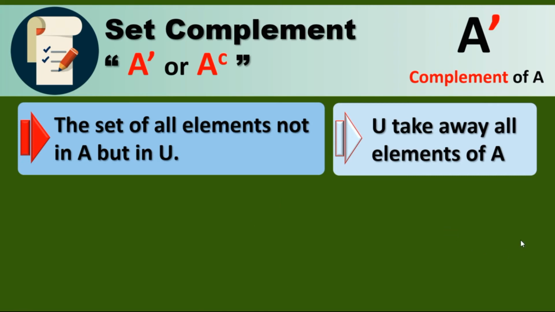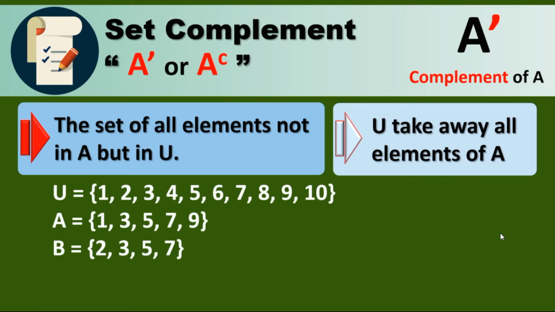Next example. What if our U is equal to the set that contains 1, 2, 3, 4, 5, 6, 7, 8, 9, and 10? And our set A contains 1, 3, 5, 7, and 9. So with B, contains 2, 3, 5, and 7. What is A prime?